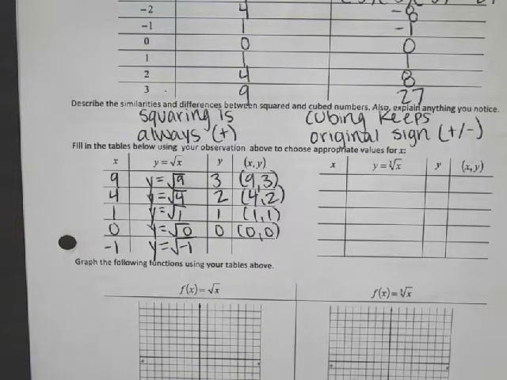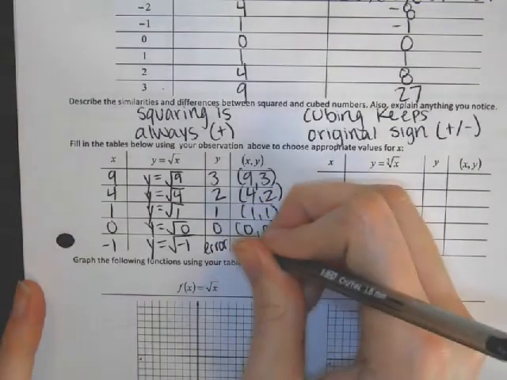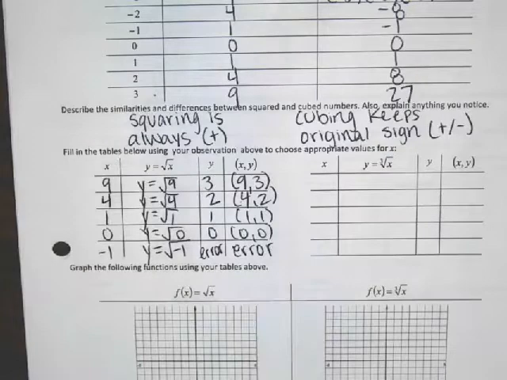Why is it error? Because every time you square something, it's always positive. Can you ever take a square root of a negative then? No, there's no such thing. So you're right. It will say error. It goes against what we mean by square root. You can't take the square root of a negative because there's no such thing as a negative square. What about negative 2, or negative 3, or negative 4, or negative 5? Any other negatives? Errors. It'll all be errors.